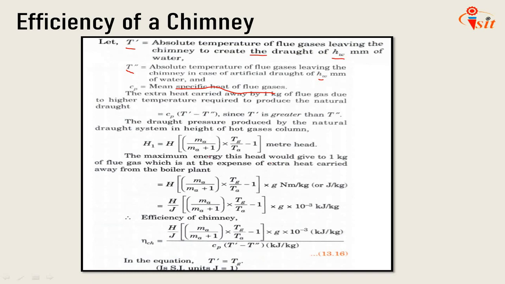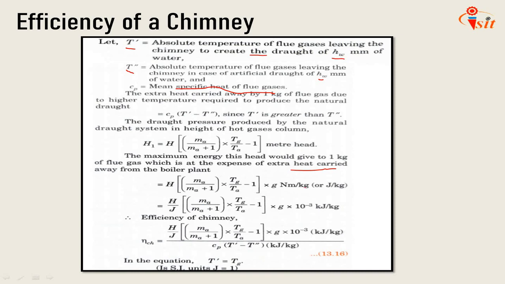So this head would give maximum energy to 1 kg of flue gas, at the expense of extra heat carried away by the boiler plant. So we need to multiply by G. The above equation multiplied by G is in Newton meter per kg.